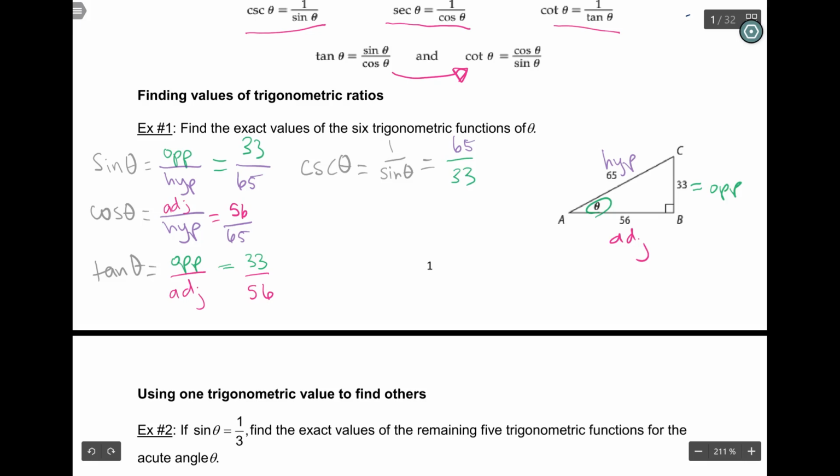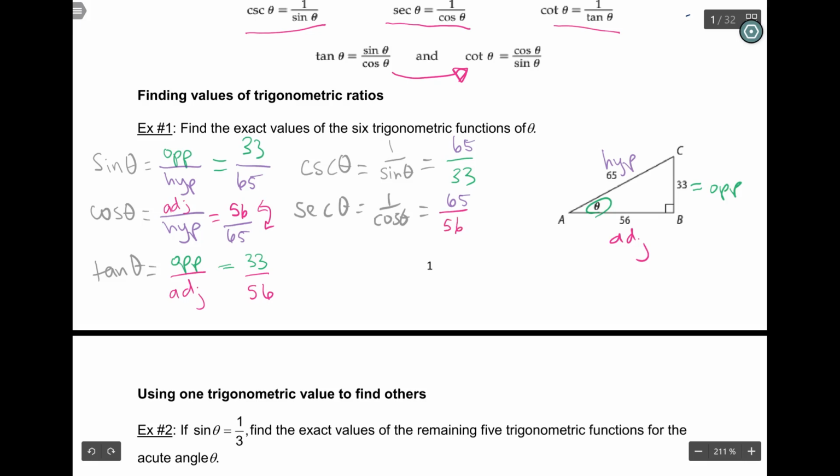Cosine, so we want secant. Secant of theta is just 1 over cosine theta. So you take the inverse, let's see, purple. So you take 65, and then you divide by the adjacent, because remember, you flip it, so they switch. So we have 65 over 56.